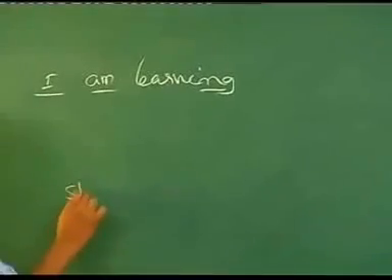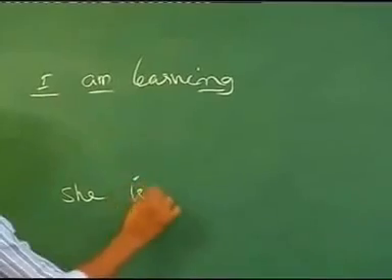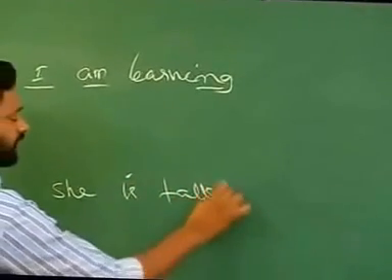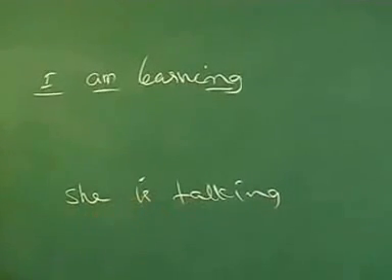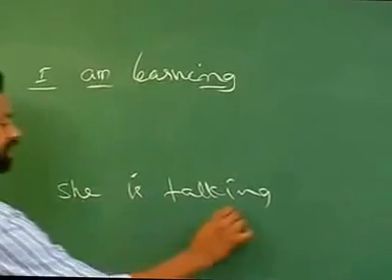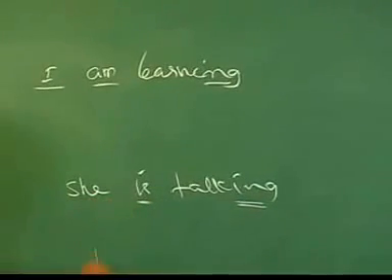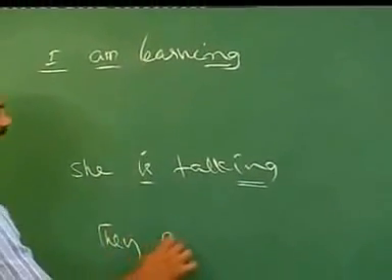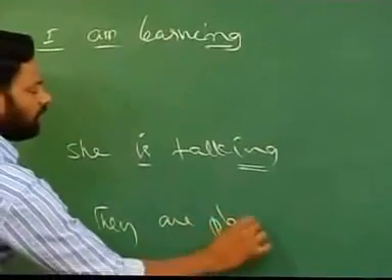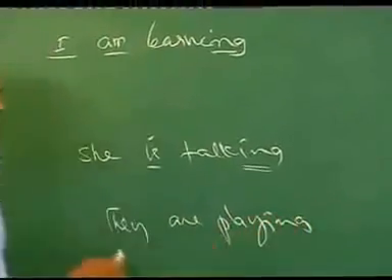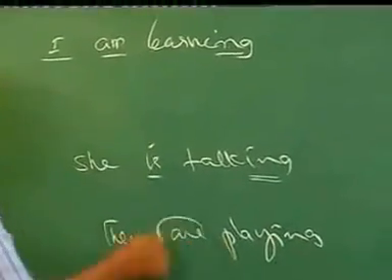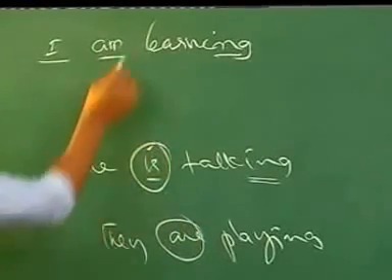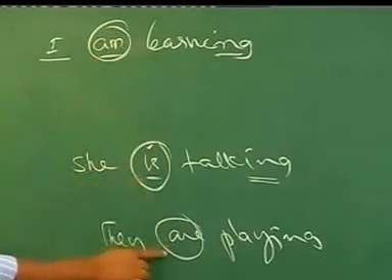Now if you want to say she is speaking, just say She is talking. She is talking. Let us say they are playing. They are playing. Here one thing you have to understand, am, is, are.